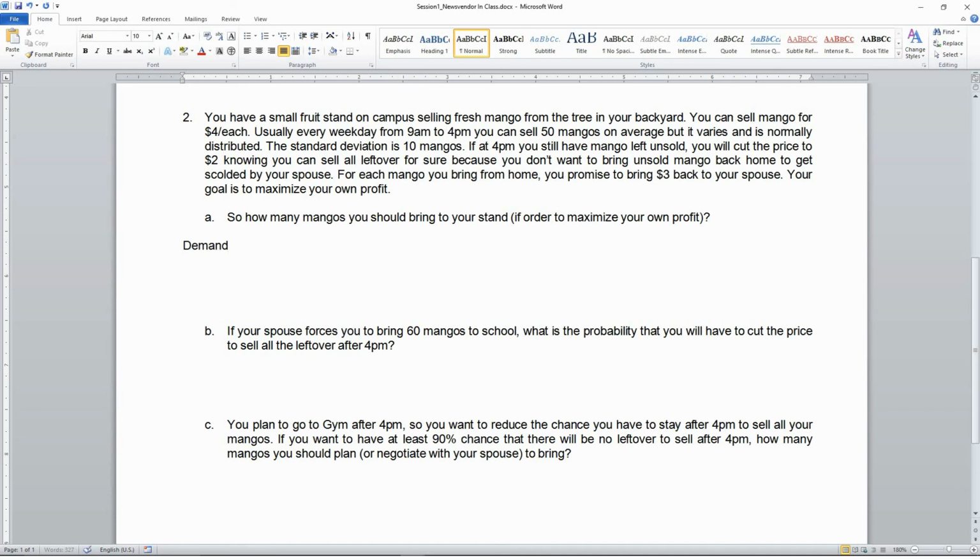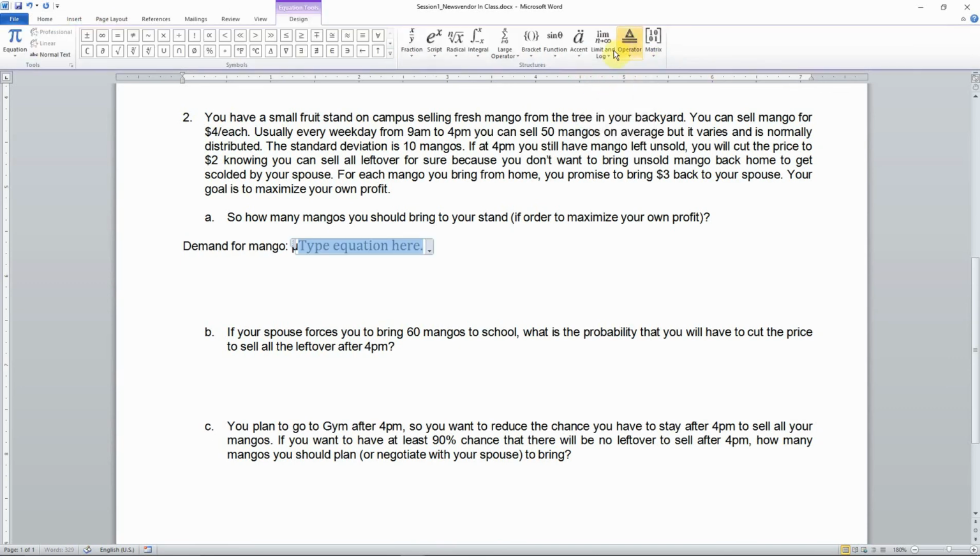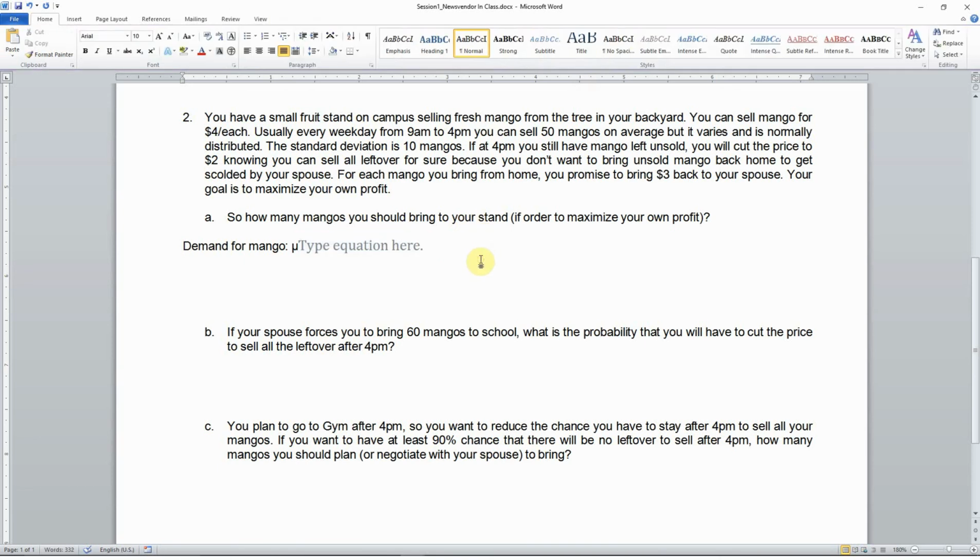Demand for mango, let's insert the symbol, we're going to use mu. Mu equals, so mu is the mean number of mango, and it's on average 50.